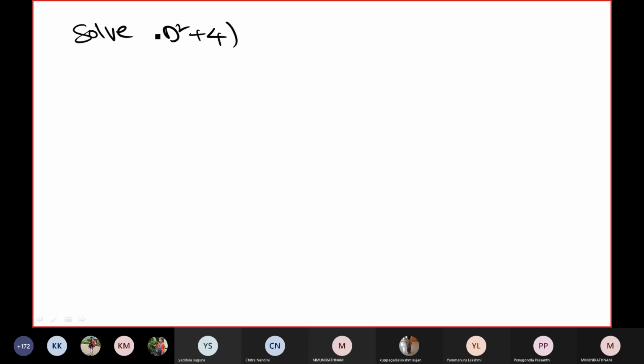Solve d square plus 4 into y equal to secant 2x. So what is CF, anyone?